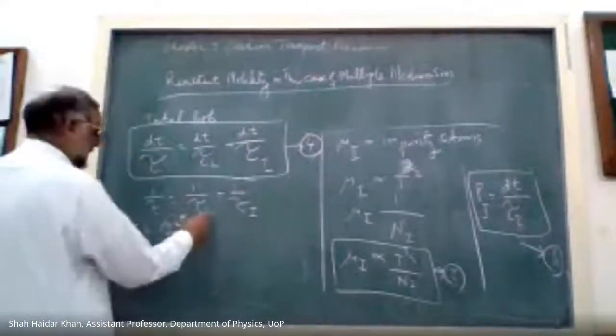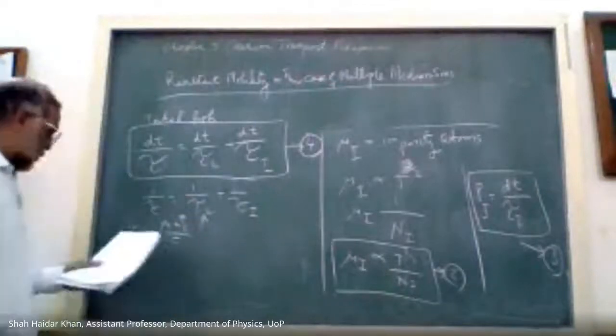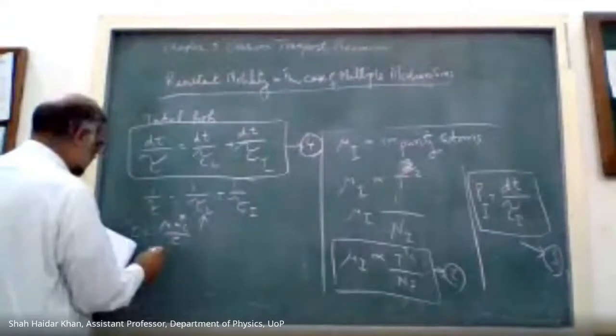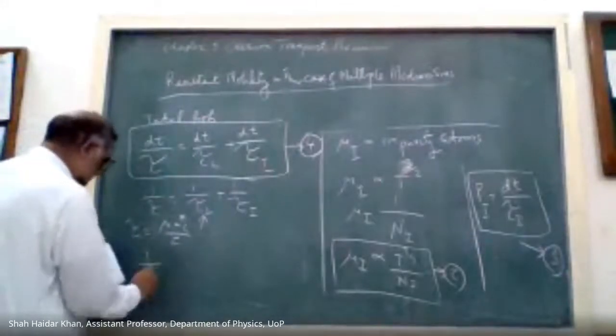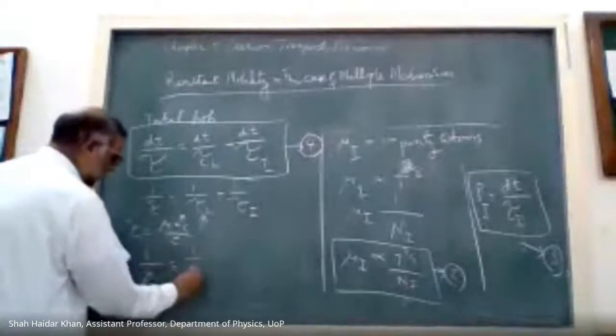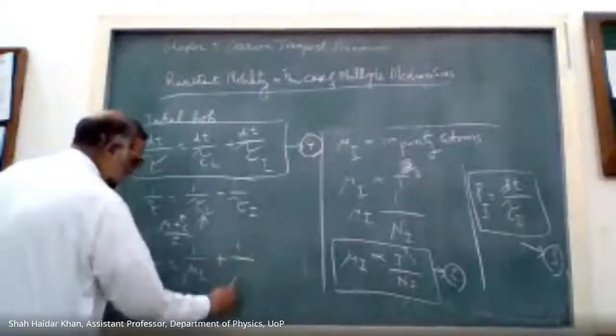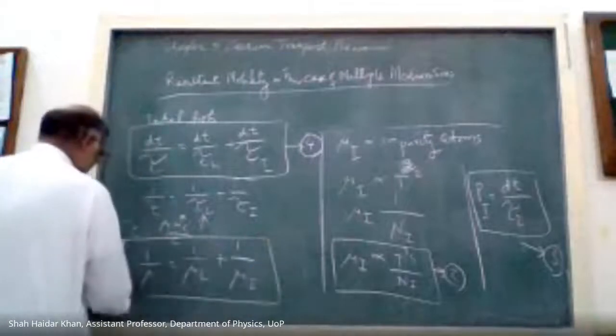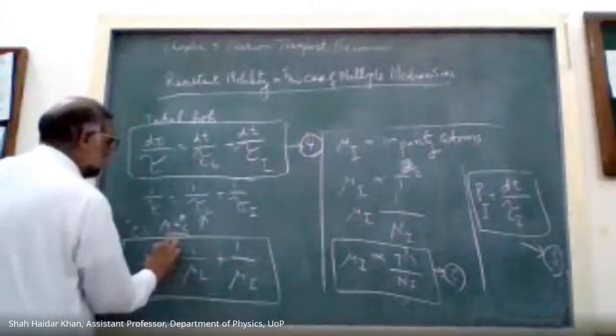So we put this here, and what we get is 1 over mu is equal to 1 over mu L plus 1 over mu I. So this is the total mobility.